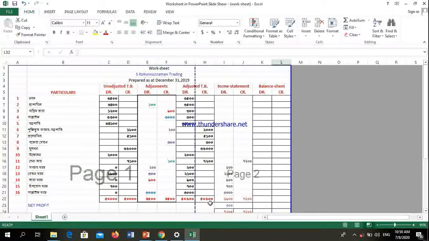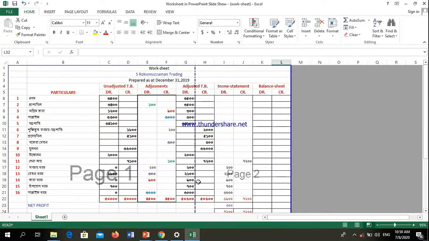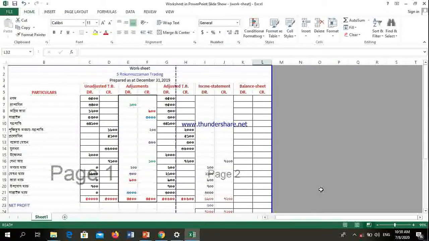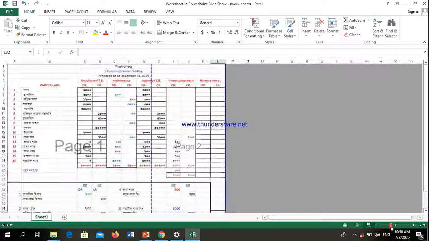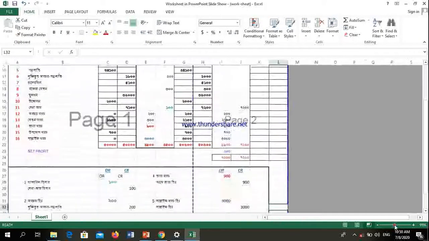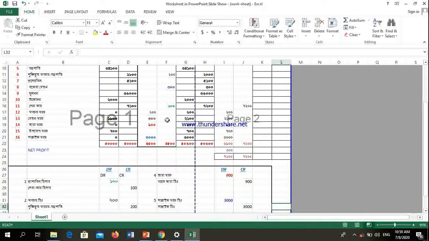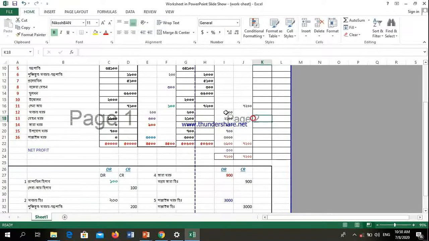Right track. Now look, this is an unadjusted trial balance. Here 702,000 taka is a revenue. Am I right? Revenue. It is a revenue item. Okay. Here 200 taka depreciation expenses will be transmitted to here.